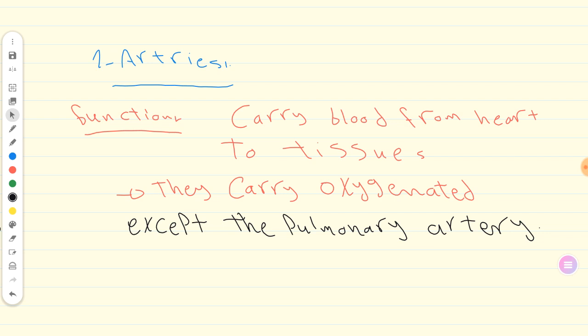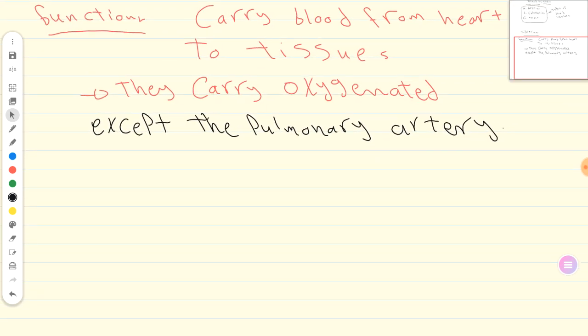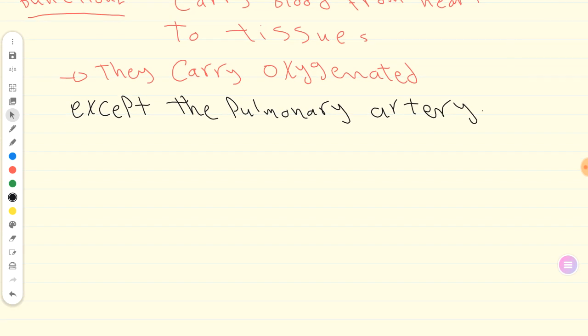So what are the structures which enable these arteries to perform their own function? So let's talk about the arteries' structure. Firstly, let's talk about the walls of arteries.